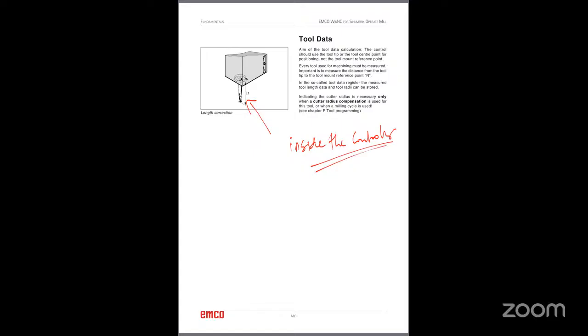Normally we use the tool number, tool length, tool radius or tool diameter, tool type, and wear compensation. These are the important tool data we store inside the controller. The objective of tool data is that the control should use the tool tip or the tool center point for positioning, not the tool mount reference point.